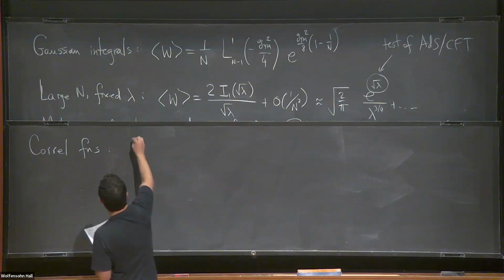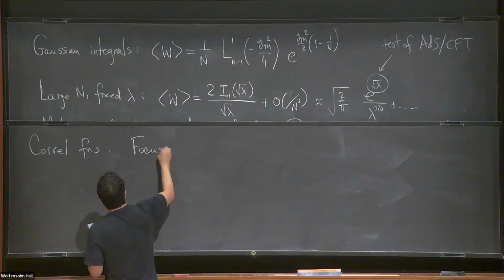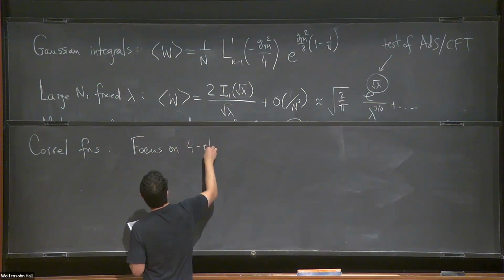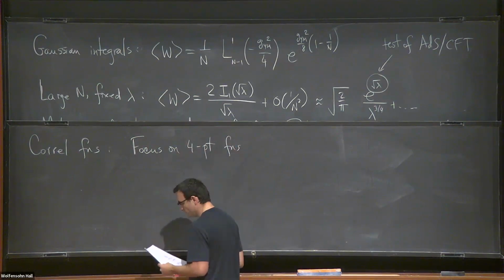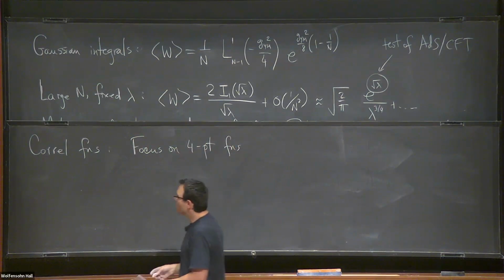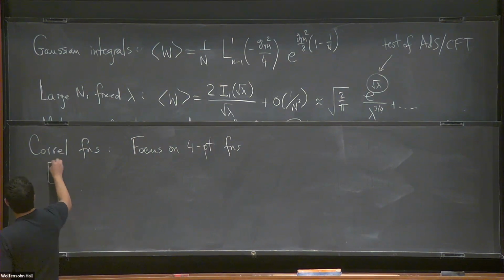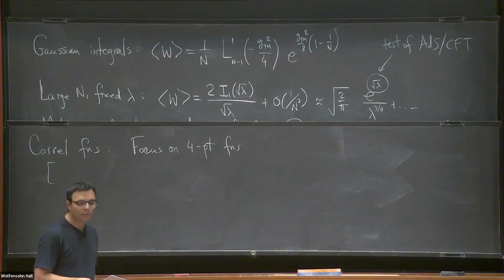So focus on 4-point functions. That's because in the CFT, any given 2 and 3-point function contains only a limited amount of information. A 4-point function contains much more information.